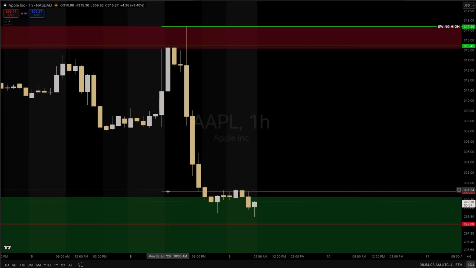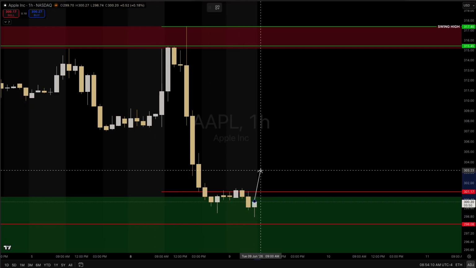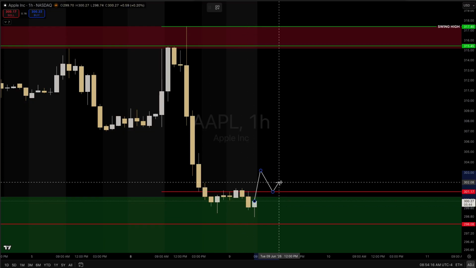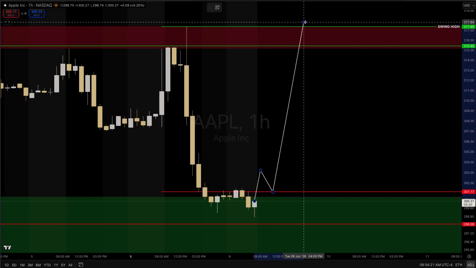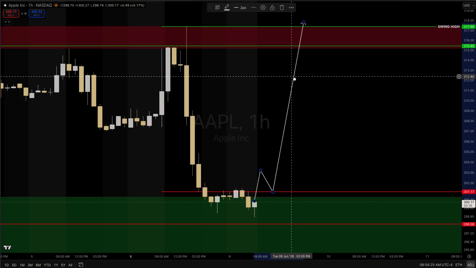Now if price can break back above this previous day low, and then come back for the retest, and we see the buyers stepping in again, then we can see again a nice continuation towards the all-time high, right?